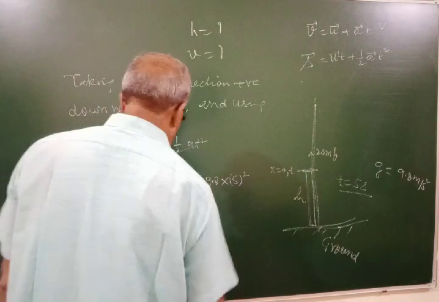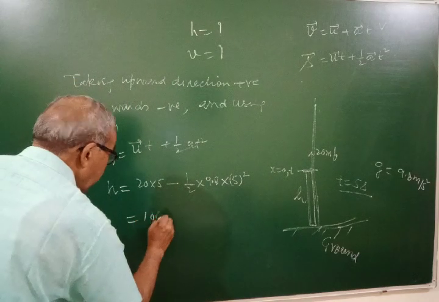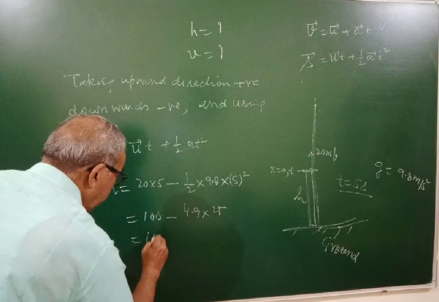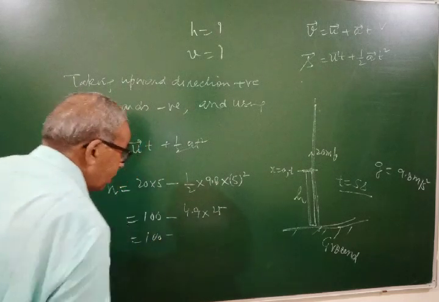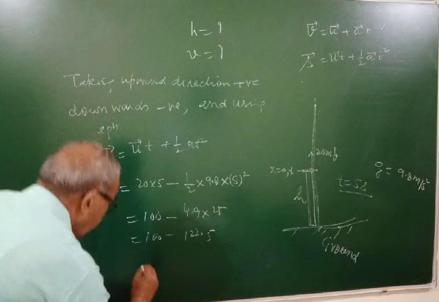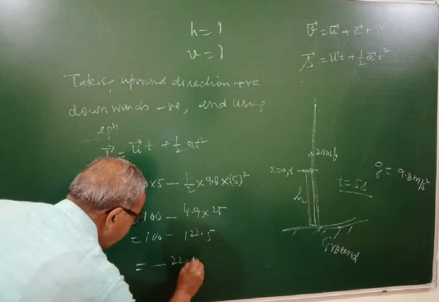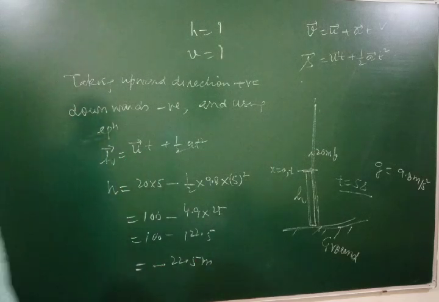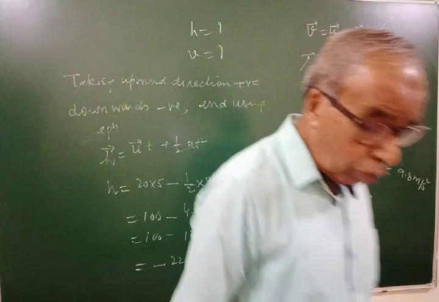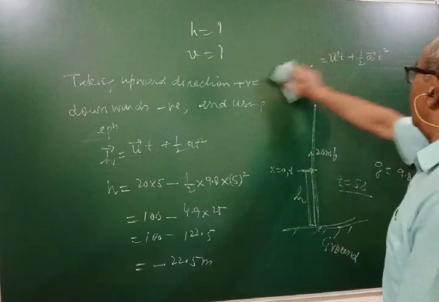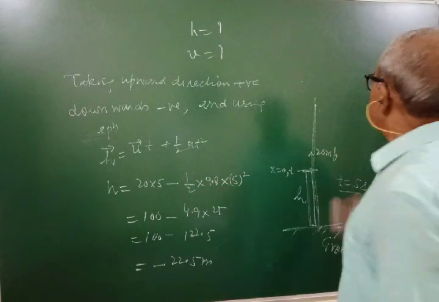So it is 100 minus 4.9 into 25, which is 100 minus 122.5. So the height comes minus 22.5 meter. What is the meaning of the minus sign here? That the displacement is downward, which is equal to the height of the tower. So the height of the tower is 22.5 meter.